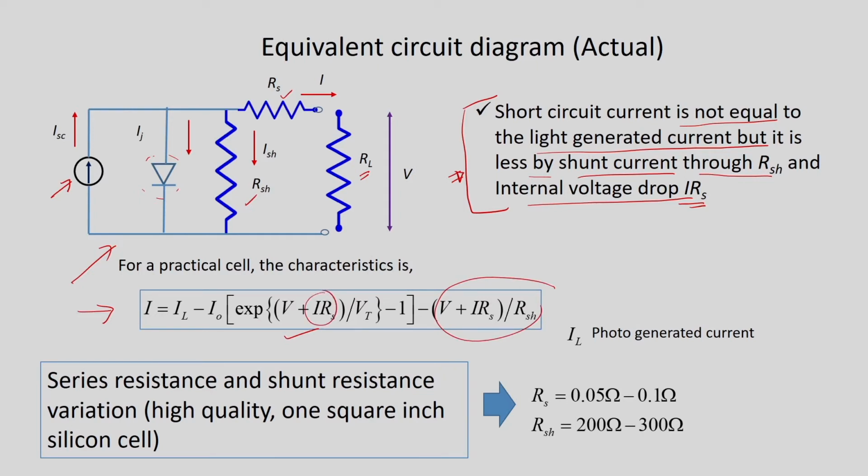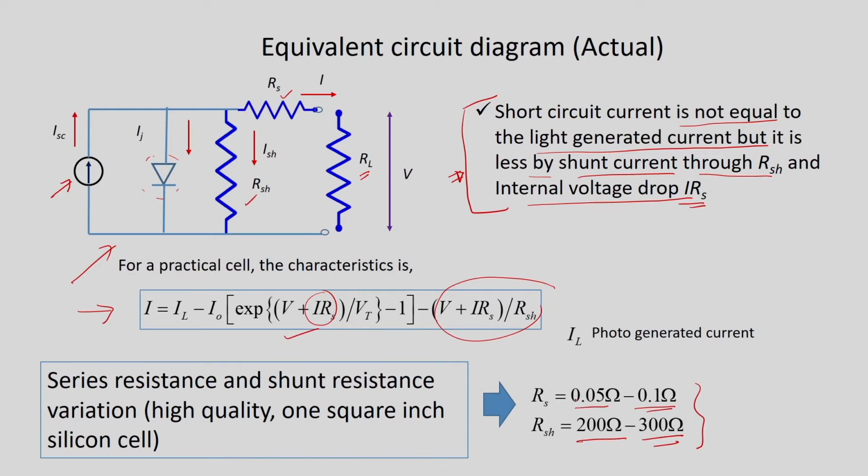Values of RSH for a high quality 1 square inch solar silicon cell are about 200 ohm to 300 ohm, and RS is about 0.05 ohm to 0.1 ohm. From here you can see how the resistance varies in case of shunt resistance and series resistance.